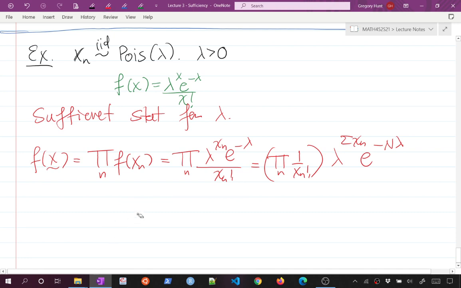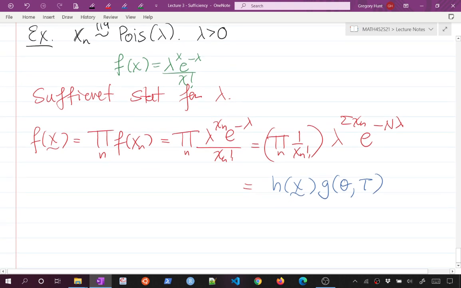I want to factor this. I want to find the sufficient statistic for lambda. I need an h of x, I need a g of lambda, and I need the t there for my statistic. H is pretty easy, generally, to pull out. Not always, but h is going to always be anything that you can pull off that doesn't involve the parameter. So in this case, this horrible expression of the product of the 1 over the xn factorials will pull off.